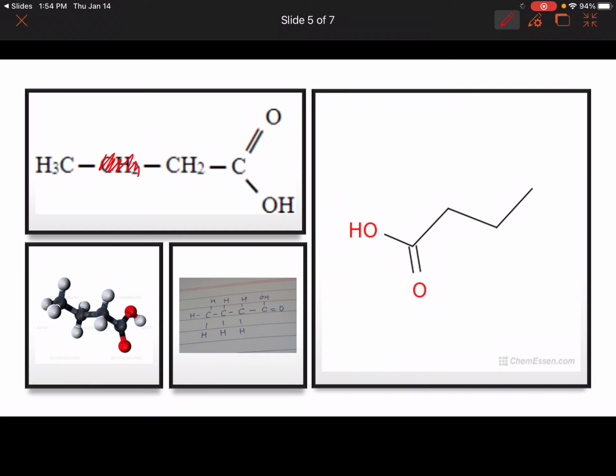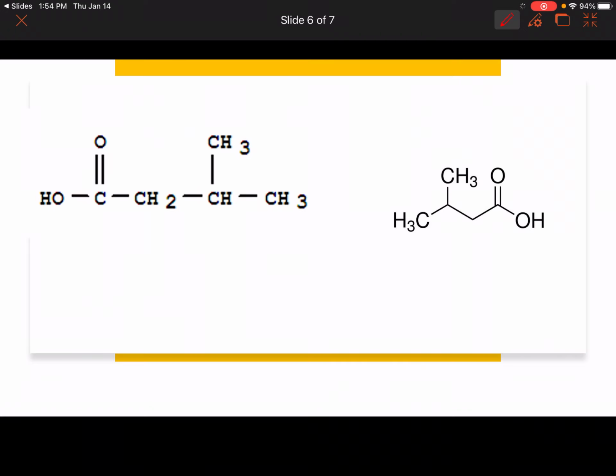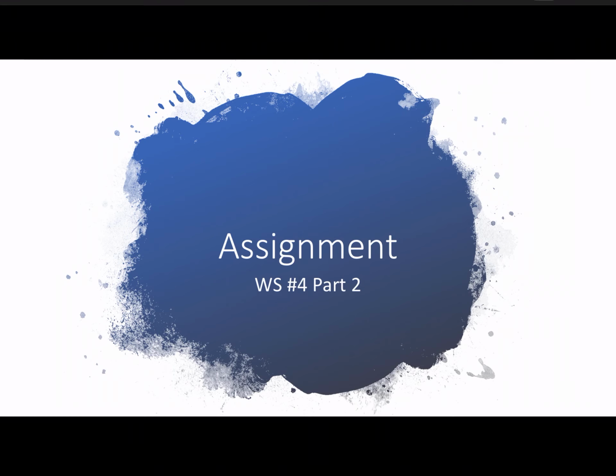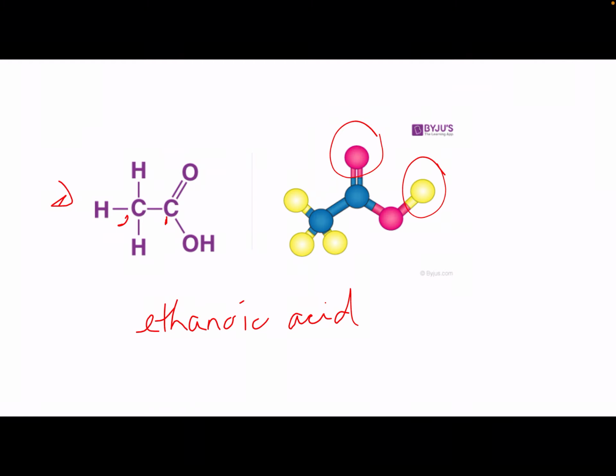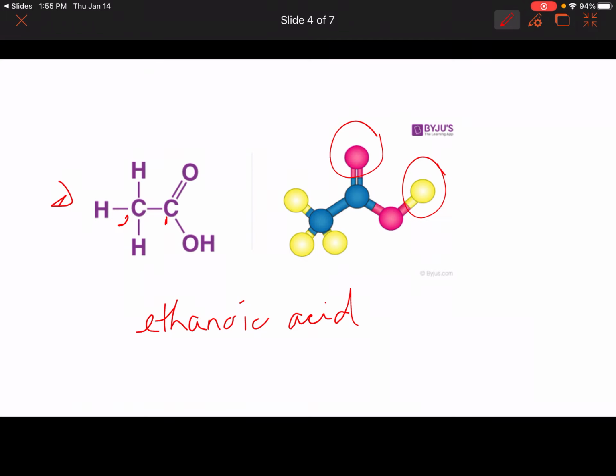This is wrong. Sorry. I missed propanoic acid here, and I don't have a blank slide to do this on. Hold on one second. Oh, that's not what I wanted. Okay, let me just erase this.